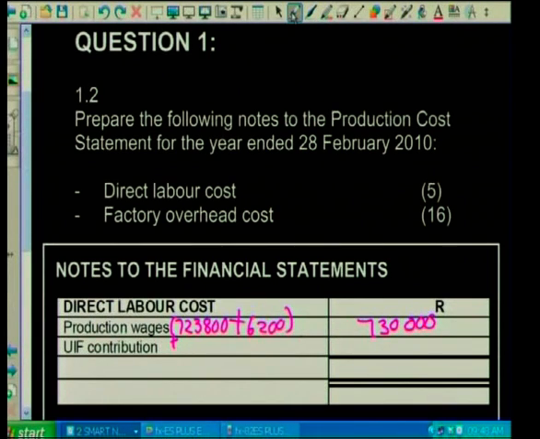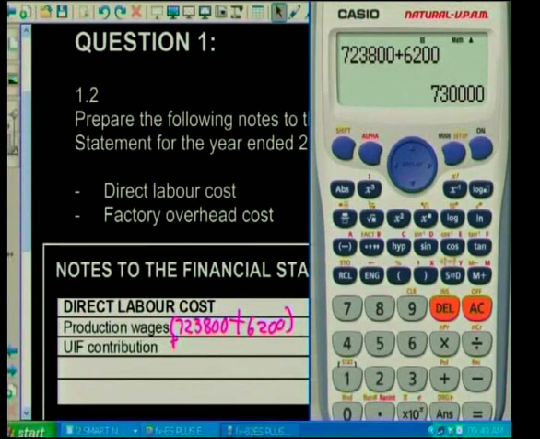Right, we then had a UIF contribution, and I remember mentioning this to you guys at the beginning. UIF is normally 1% of your total wage. So let's now calculate our UIF. All we're doing, people, is our total wage, which we just calculated, 730,000 times 1%.